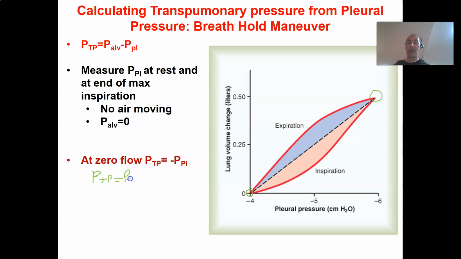because transpulmonary pressure equals alveolar pressure minus pleural pressure, right? So if we want to isolate this, you can subtract.